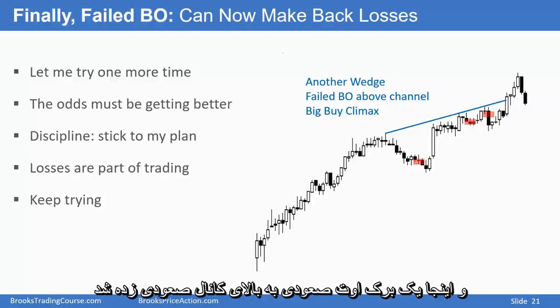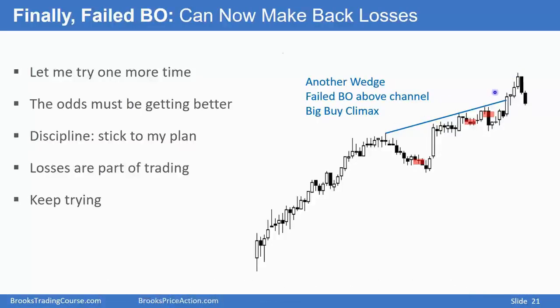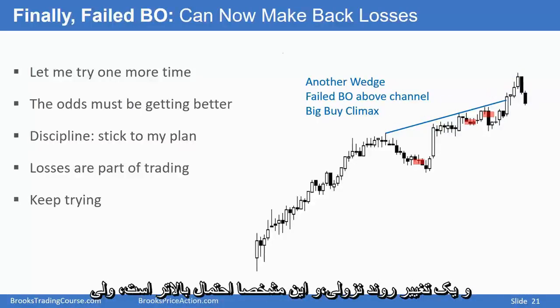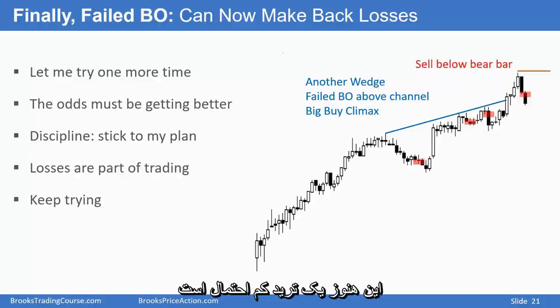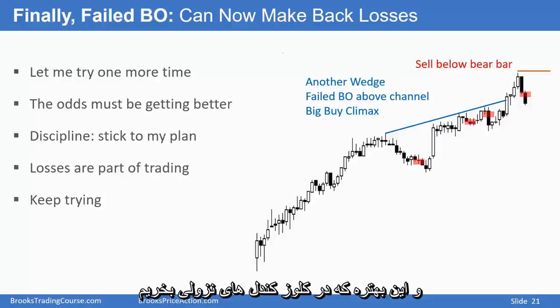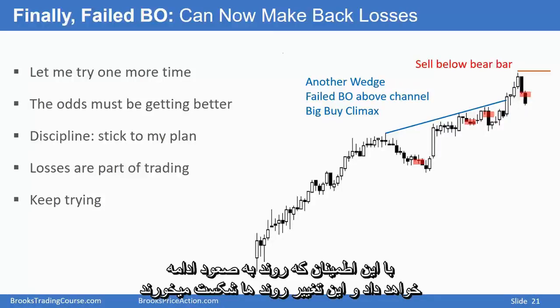And here we got a bull breakout above a bull channel and a reversal down. So that's certainly higher probability, but it's still a low probability bet. Trends just tend to keep going up, and it's much better to keep buying bear closes, betting that the trend will resume back up and that these reversals will fail.